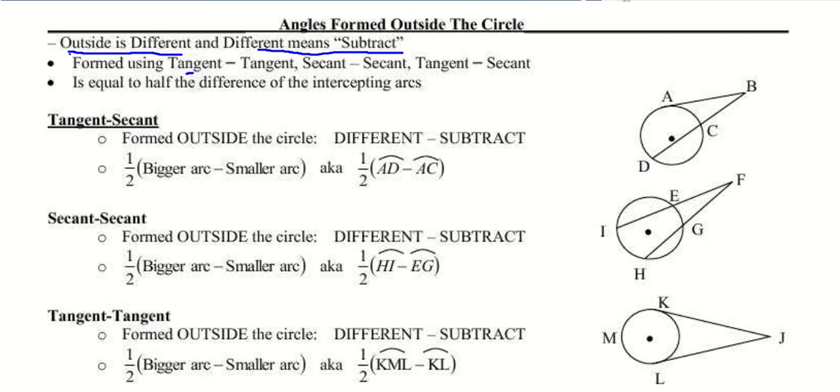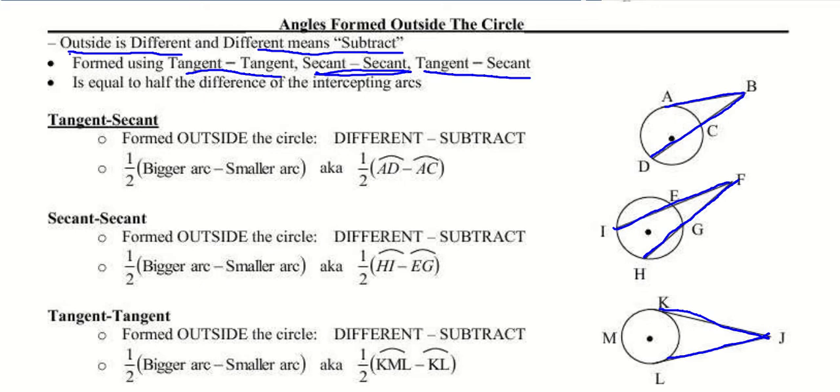So whether we form it with two tangent lines, like our hat rule that we talked about before, or two secant lines, so like two secant lines that cut through the circle twice, or a tangent line and a secant line, tangent and then the secant. Either way we do it, we're going to end up cutting two different arcs with that angle.